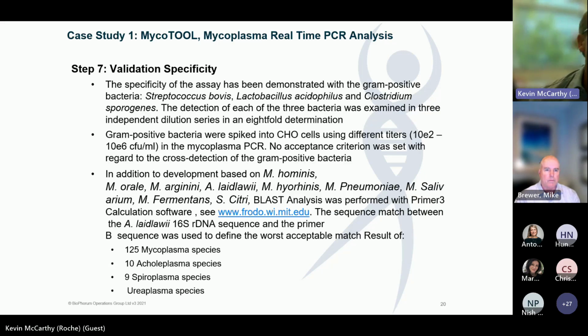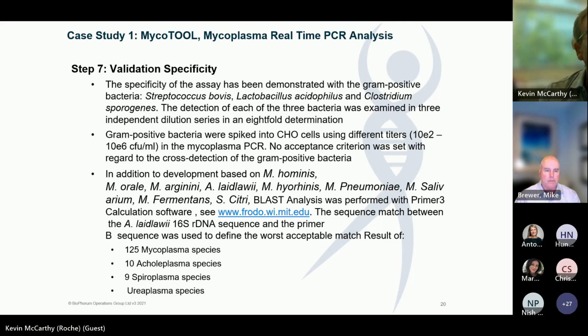Okay, so specificity. The specificity of the assay was determined with Strep bovis, Lactobacillus acidophilus, and Clostridium sporogenes. The detection of each of the 3 bacteria was examined in 3 independent dilution series in 8-fold determinations, and the idea for that is again to get 24 data points.